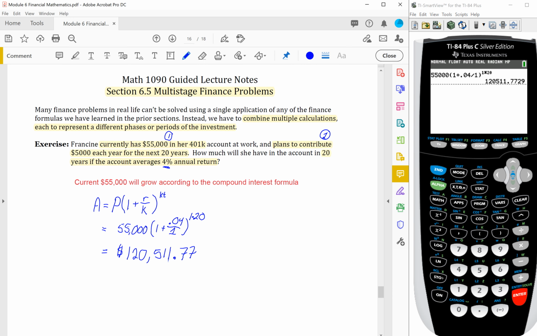Now let's look at the second portion of her investment strategy. For the second portion, we want to look at the planned $5,000 contribution she makes each year for the next 20 years.